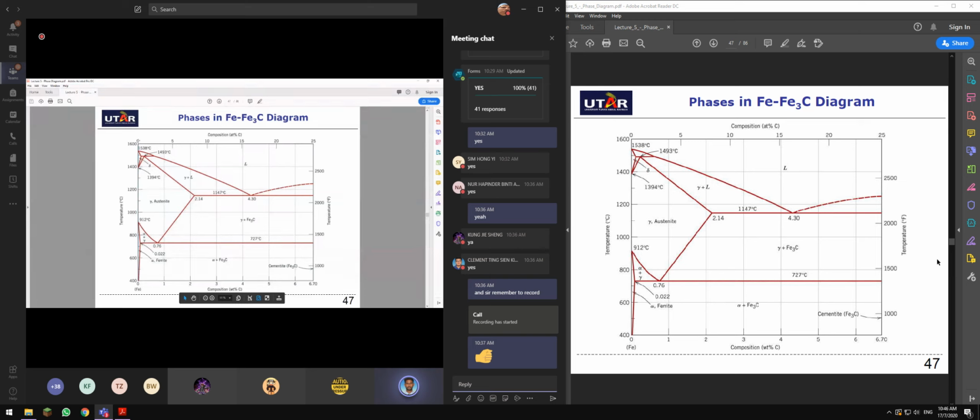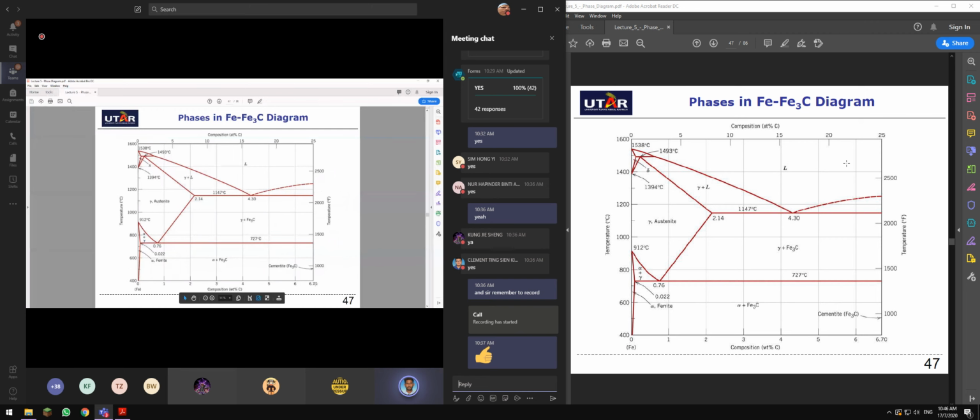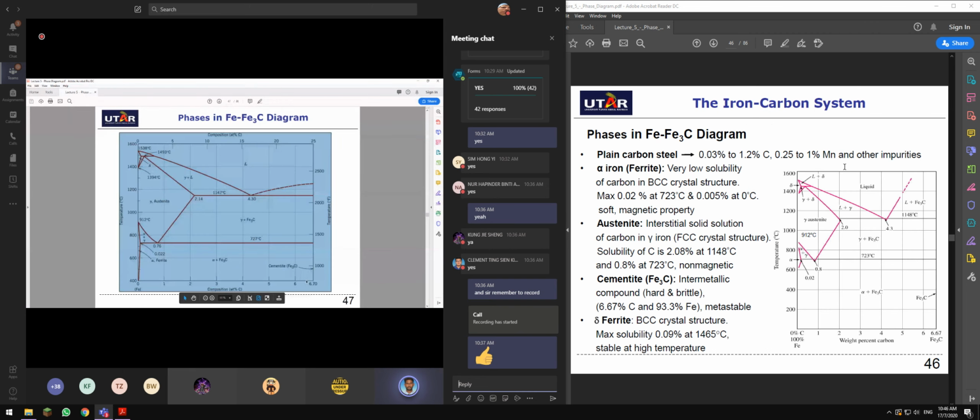Here you have a carbon content of 6.7 percentage. This is not pure carbon. This is what we call cementite. It is a mixture of iron and carbon at roughly a weight percentage of 6.7.